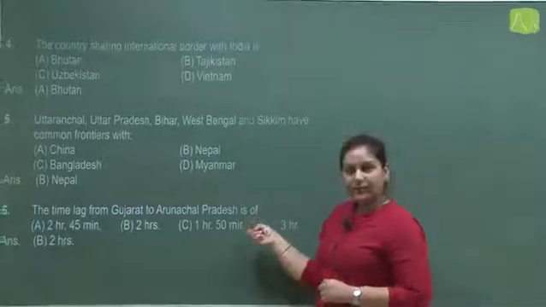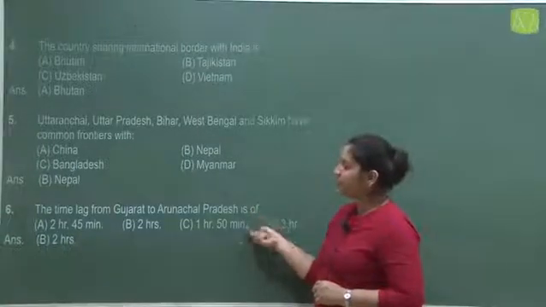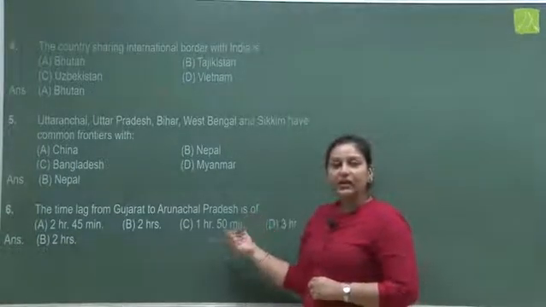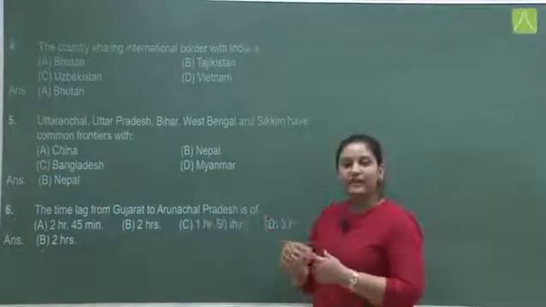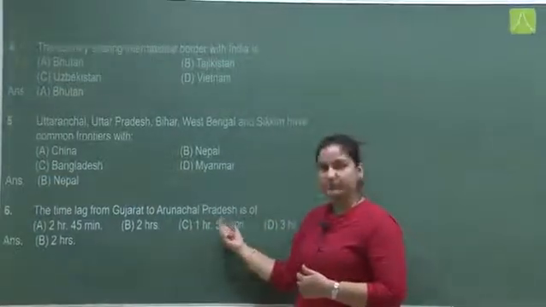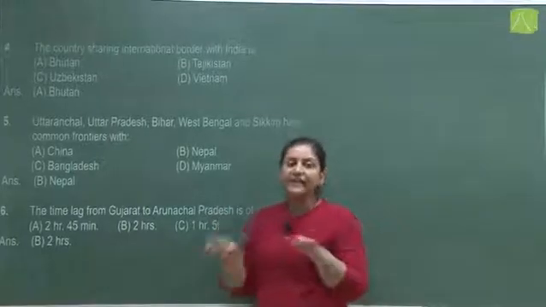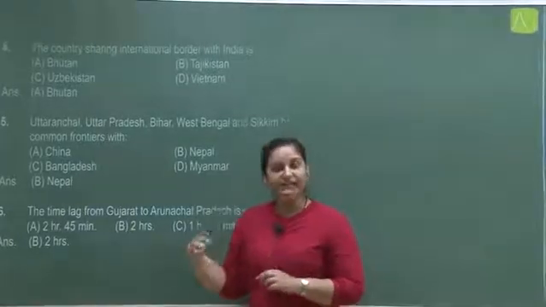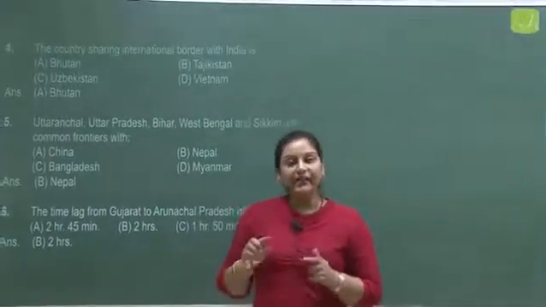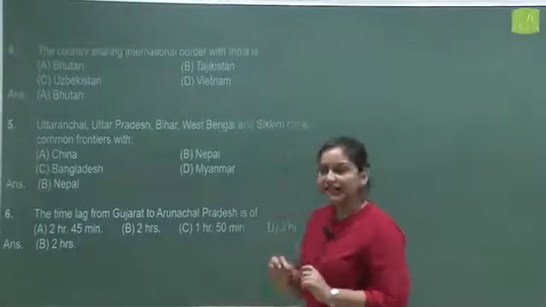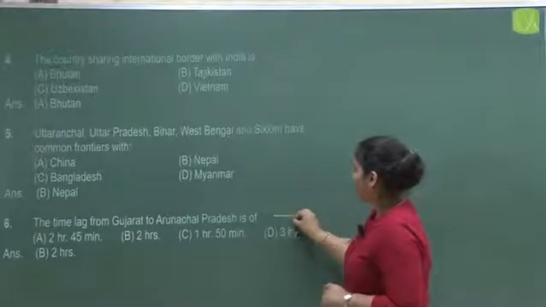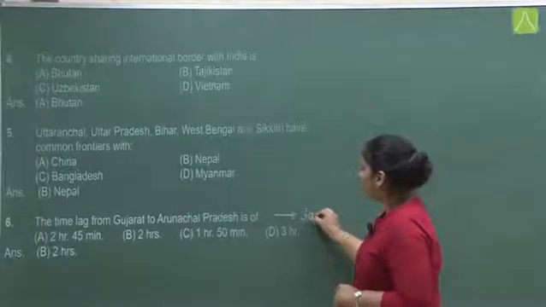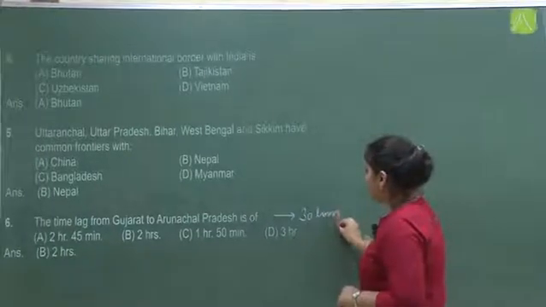Moving on to the next question, a very simple question. We have already learned about the longitudinal extent, and here you have to use that concept. We lie between 68 degrees 7 minutes east and 97 degrees 25 minutes east. We have learned that approximately we are at a difference of 30 longitudes.